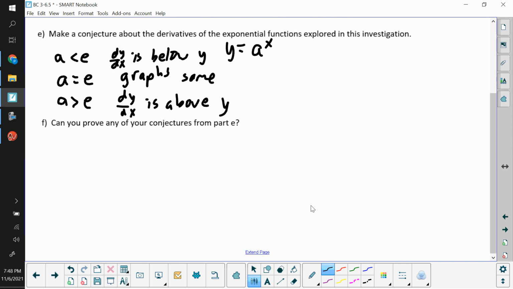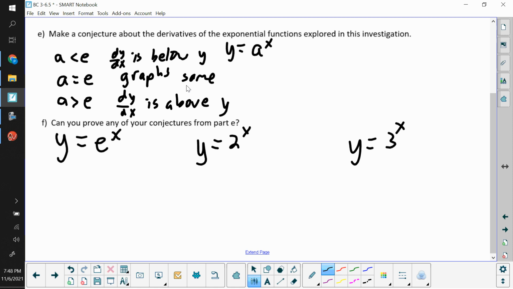So we've got 3 equations we're working with. y equals e to the x, y equals 2 to the x, and y equals 3 to the x. We want to see if we can prove that e to the x's derivative is in fact the same graph. Can we prove 2 to the x's derivative is in fact below the graph of 2 to the x? And can we prove 3 to the x's derivative is actually above the graph of 3 to the x?